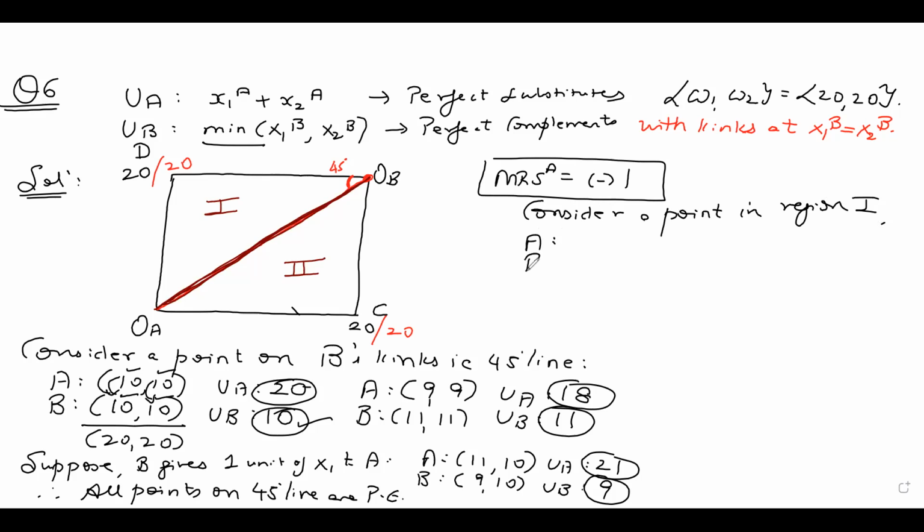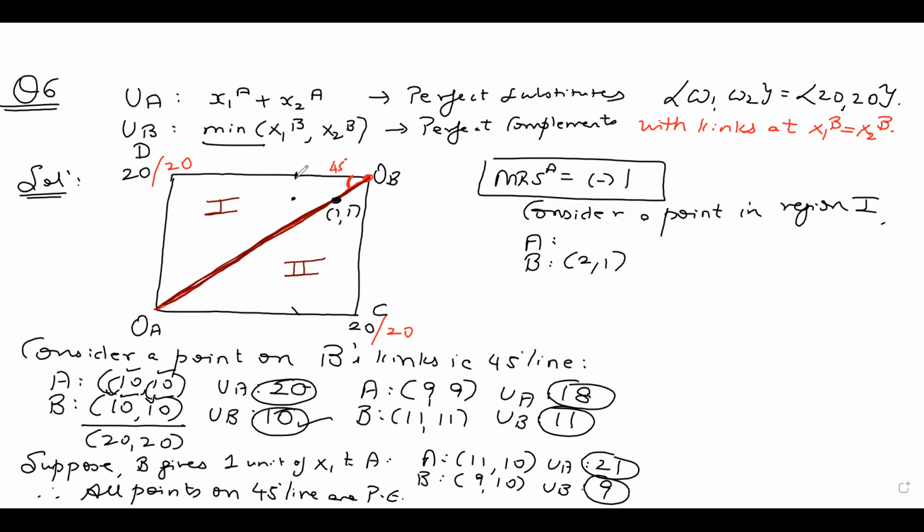Guys, region 1 means if you turn your pages to B's origin, suppose this is the point, say 1, 1 for B, then a point here would be 2, 1. A point here will be 2, 1 from B's origin.